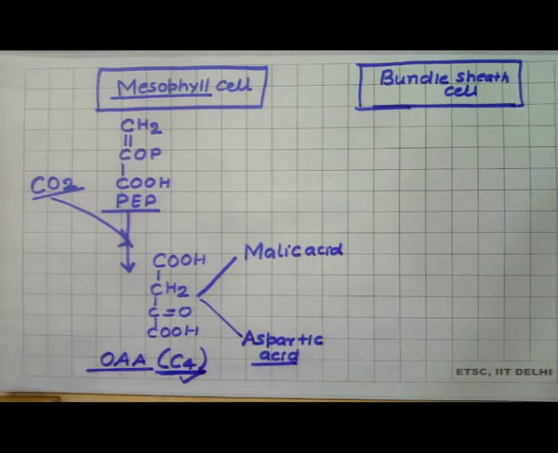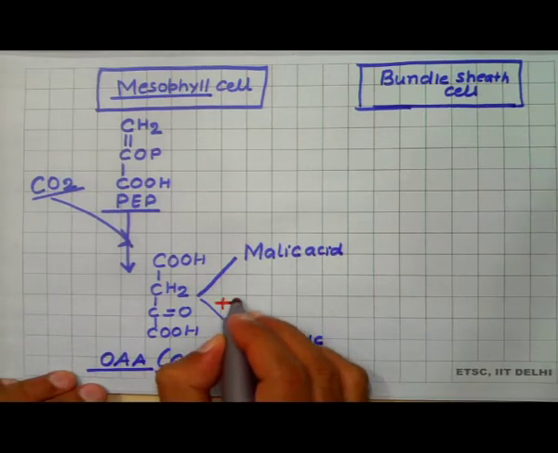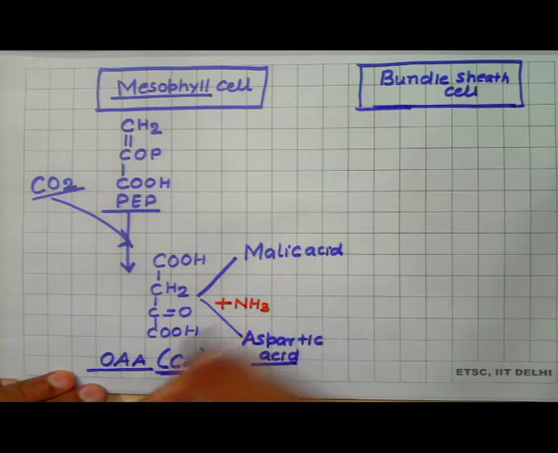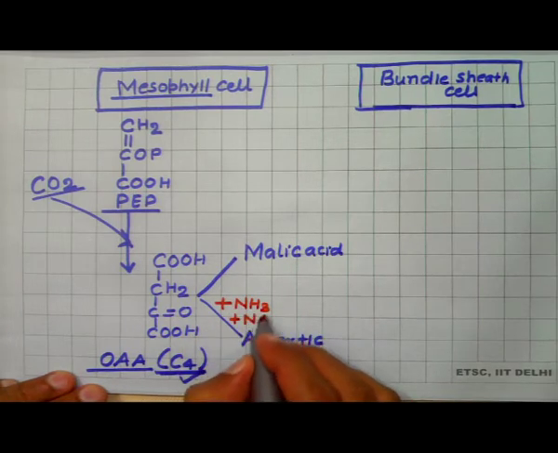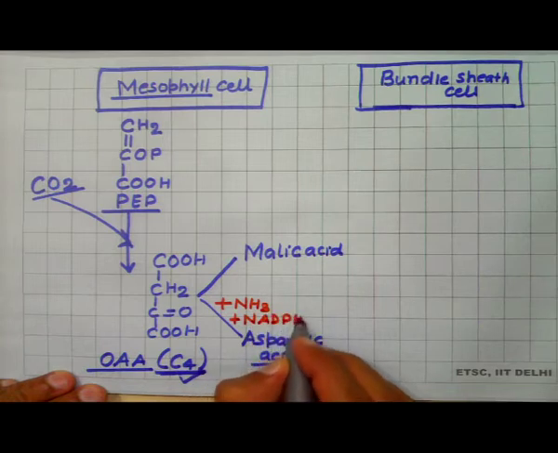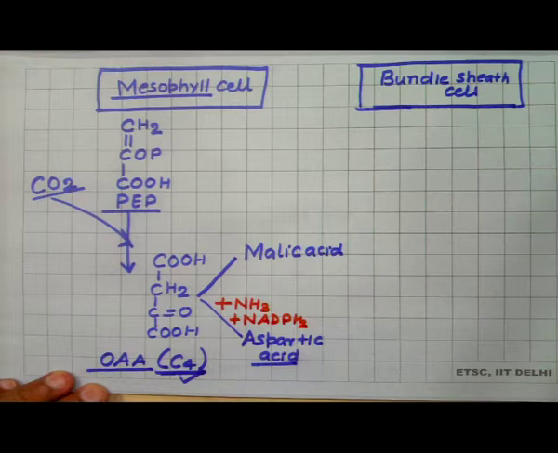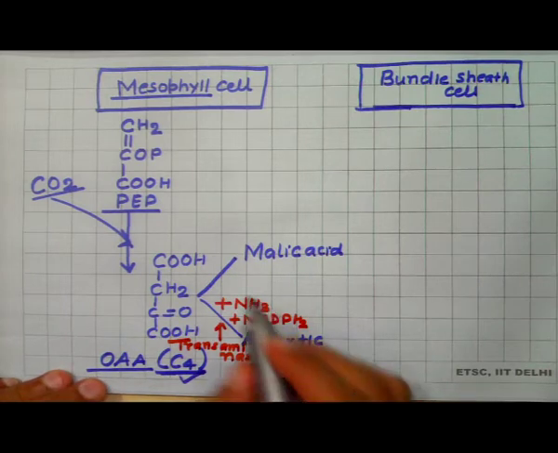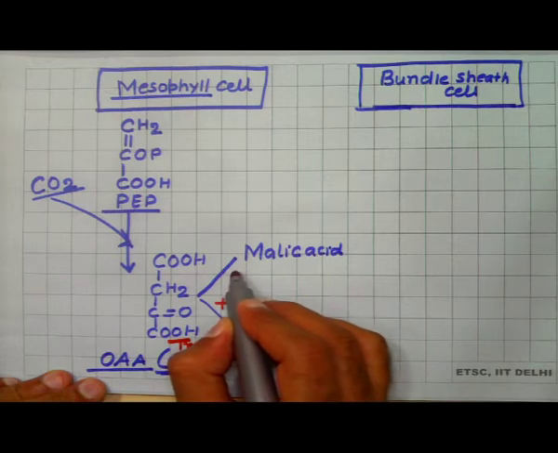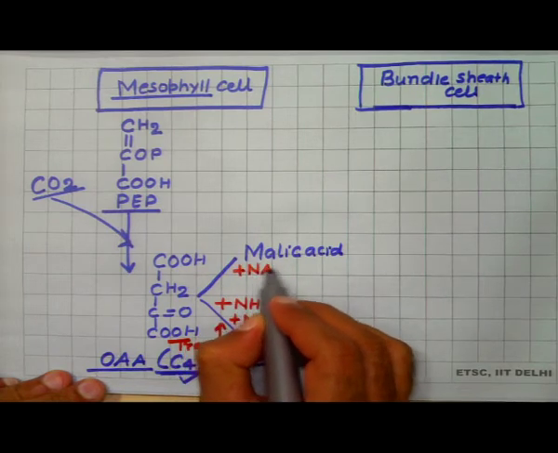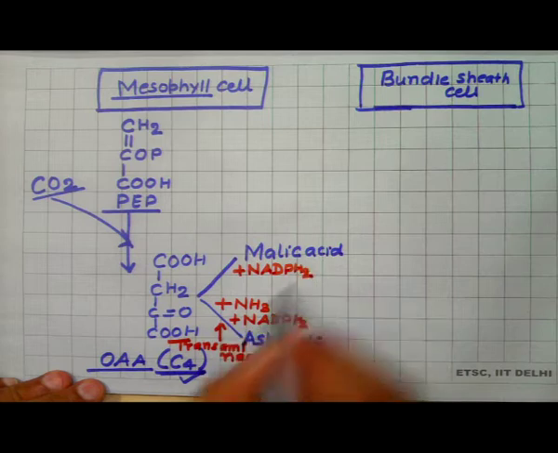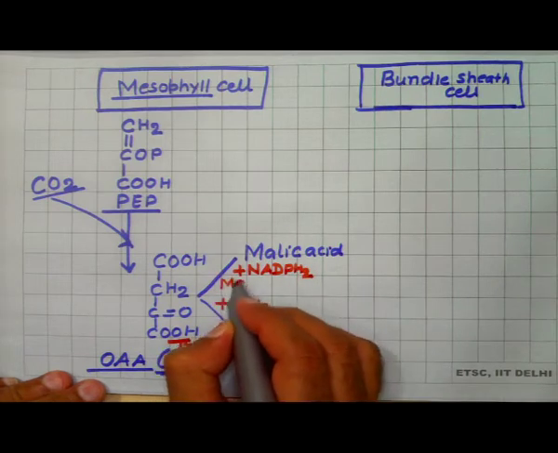Aspartic acid is formed when there is the presence of ammonia and NADPH2. Here the enzyme involved is called transaminase. And malic acid is also formed when ammonia is not available, only NADPH2 is there, and the enzyme malic dehydrogenase.